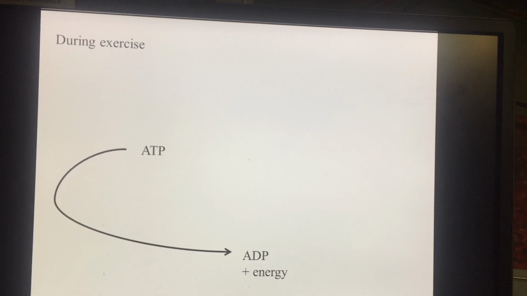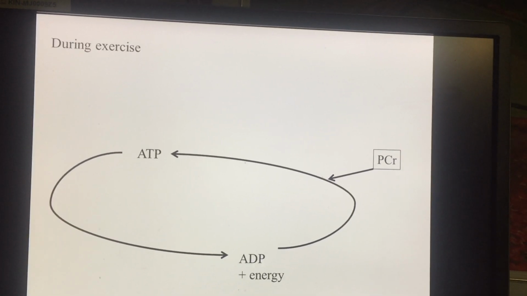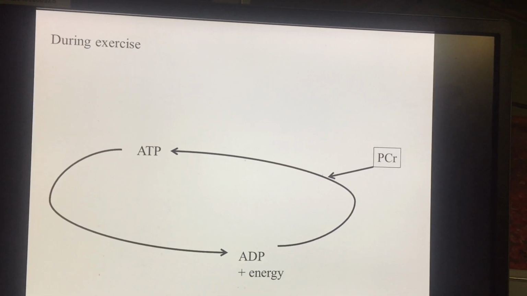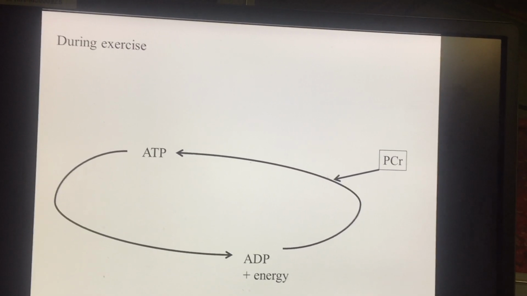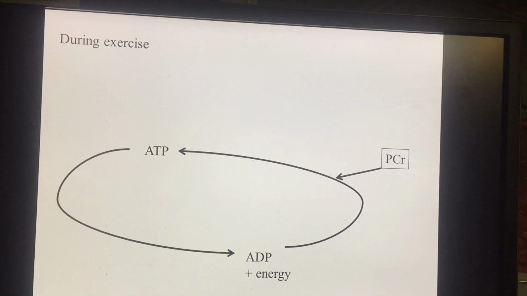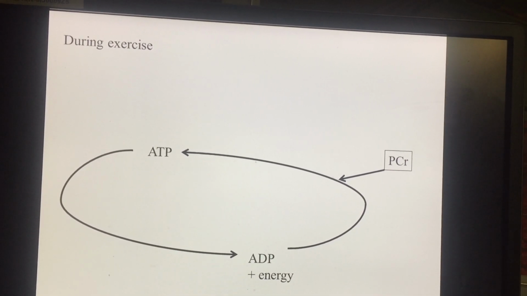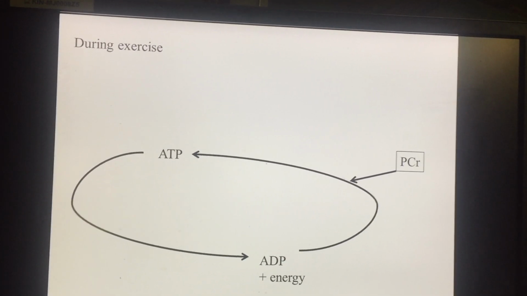You have breakdown of ATP to ADP plus energy. And then during exercise, you have resynthesis of ATP so that you can continue exercising beyond just a few seconds. And you can see I've drawn there phosphocreatine comes in and helps to resynthesize that ATP. That is what happens in the first few seconds of exercise.